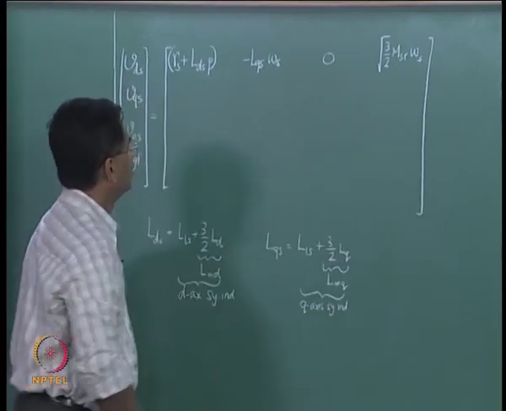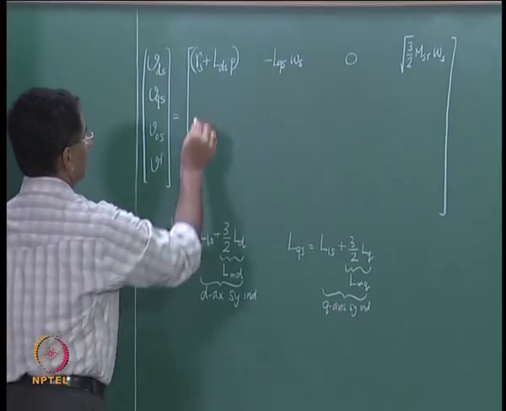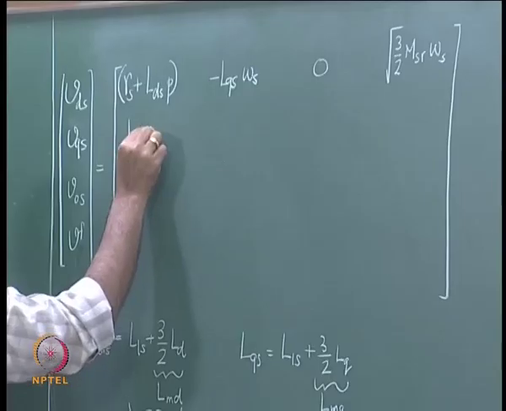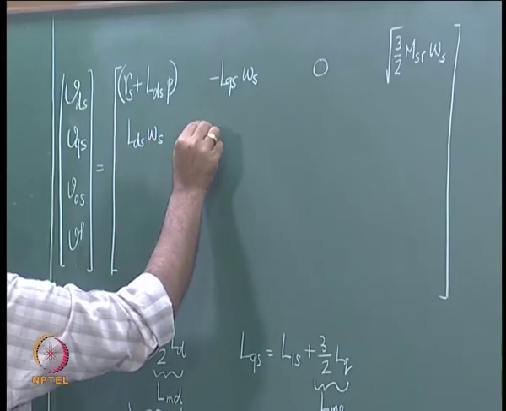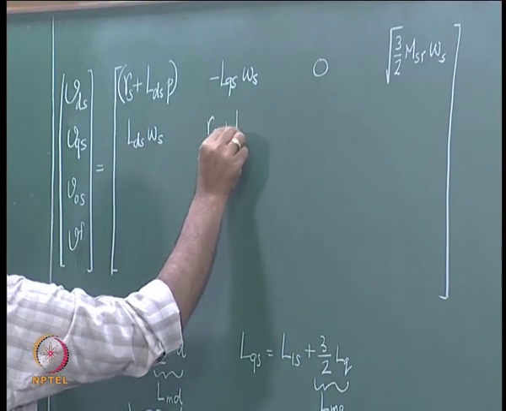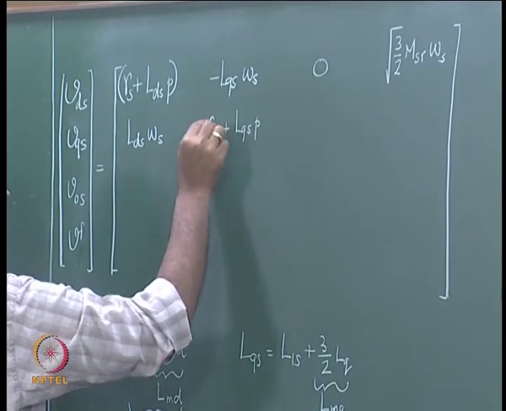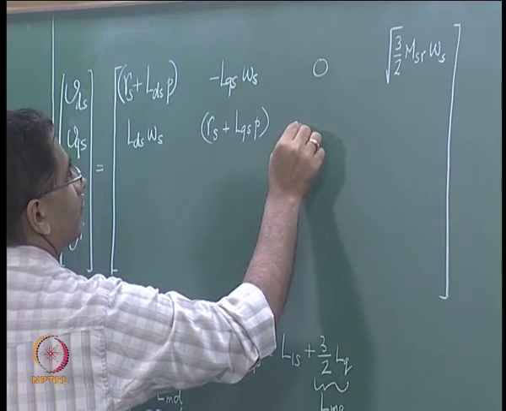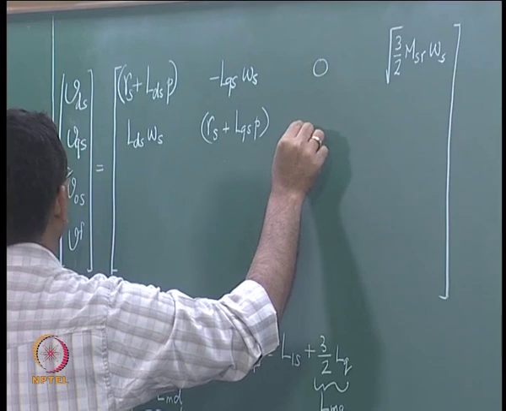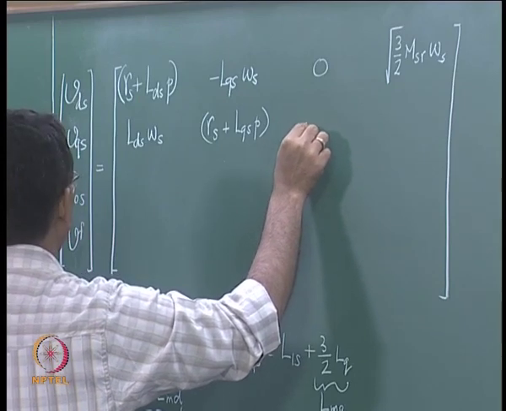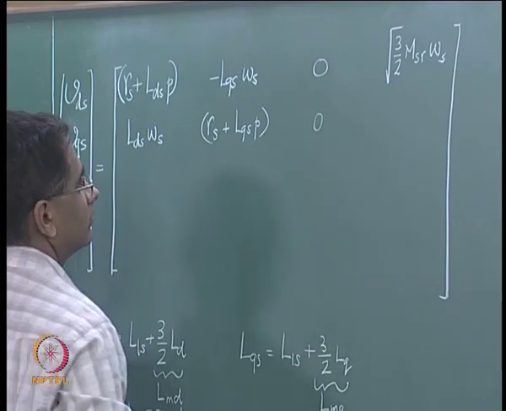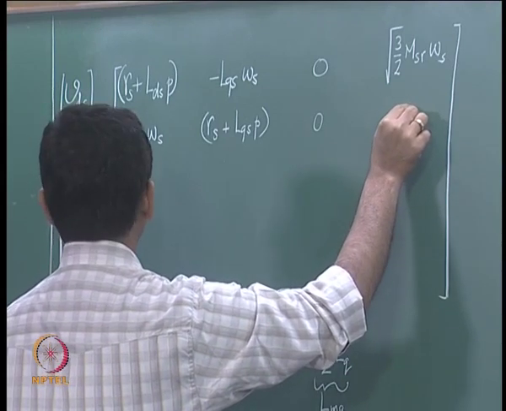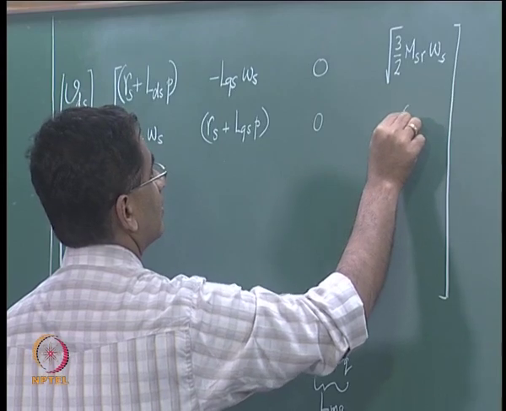So, that forms the last entry. Here what you have is Lds times omega s and then Rs plus Lqs into P, and then you have 0 here, as there is no Q axis induced EMF.